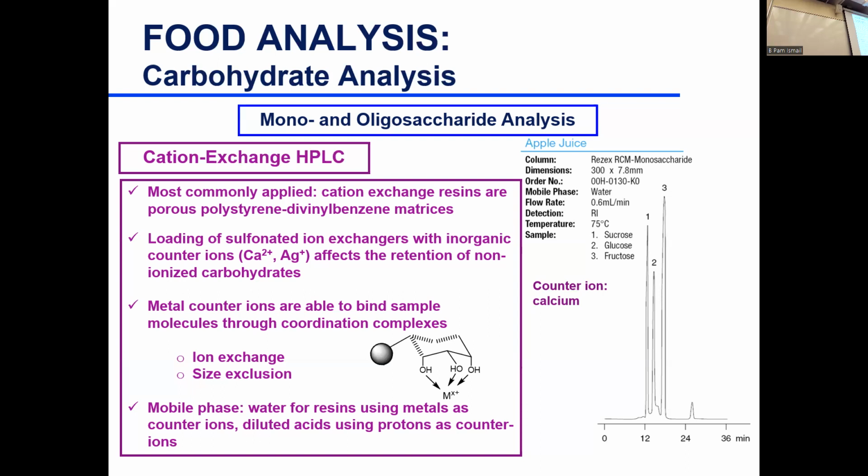You can use cations, or you can use diluted acid that gives you protons, H+, that can interact with your sugar. This is a bit less common chromatography for carbohydrate, but it's there, it's used.